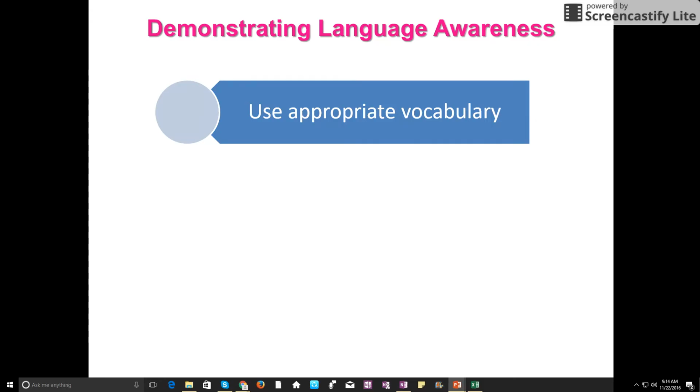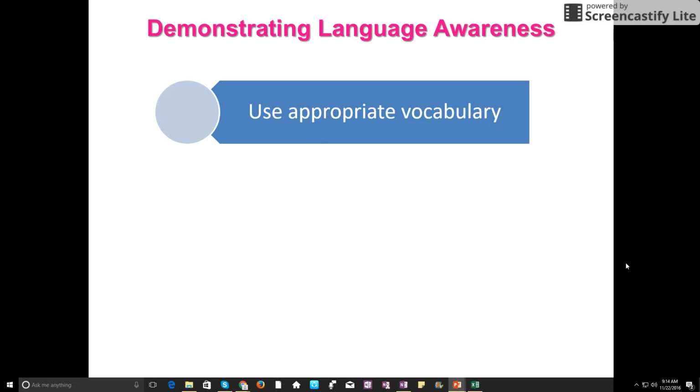Of course, if we do use one of these terms, don't be afraid to explain it to the students or have the students explain it if you think perhaps some understand and some don't. For example, if you do say something like, "Oh, I use the idiom, it's raining cats and dogs. Can anyone tell me what that means?" So then you're able to introduce that to the entire class.